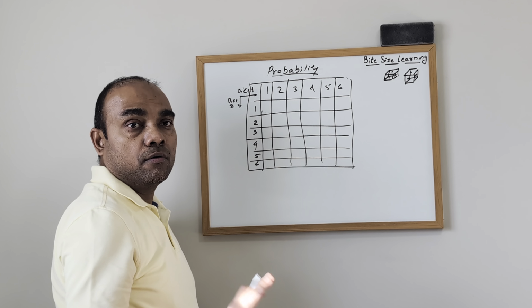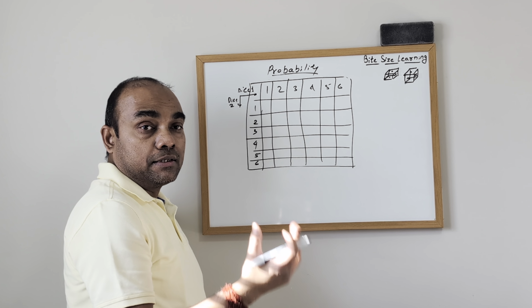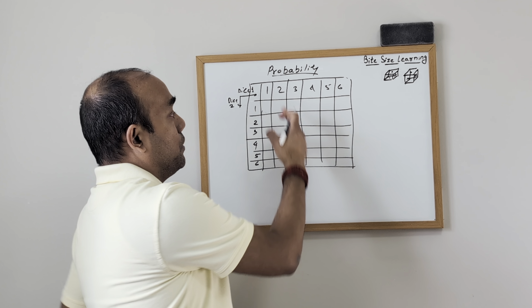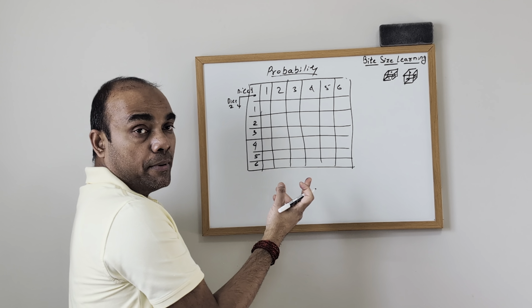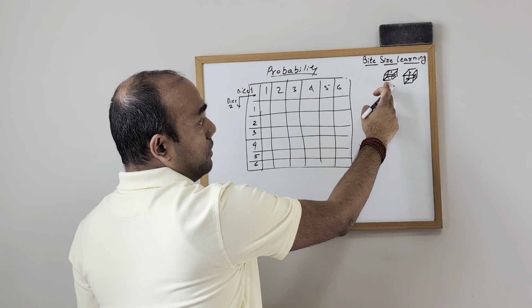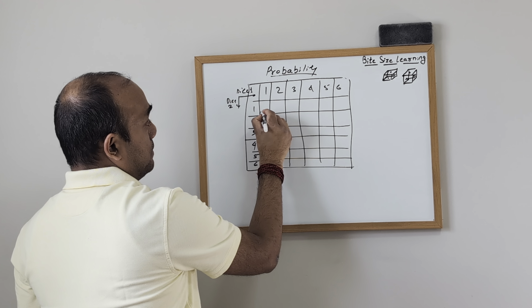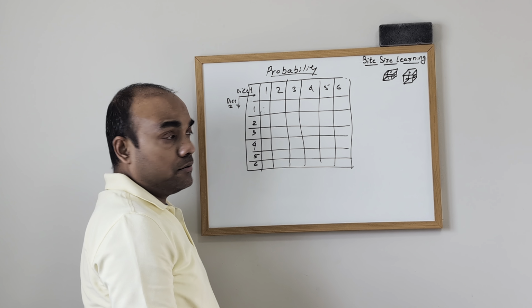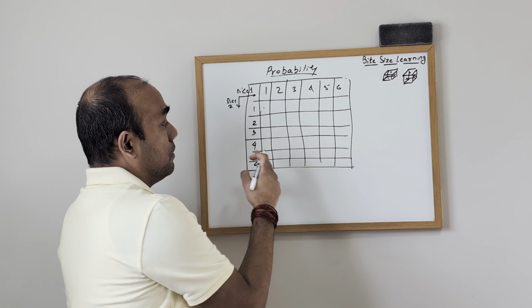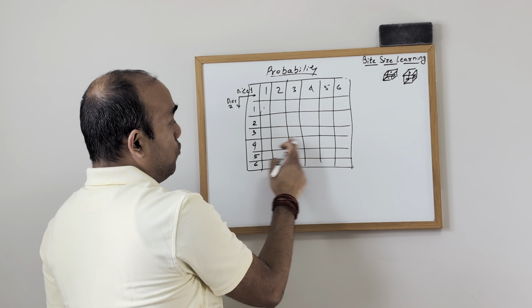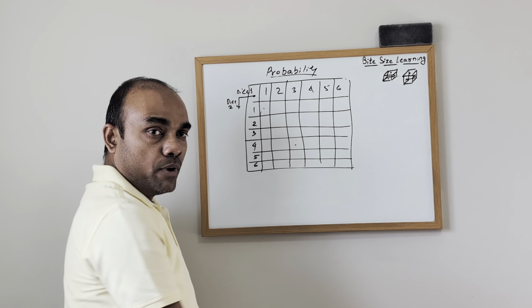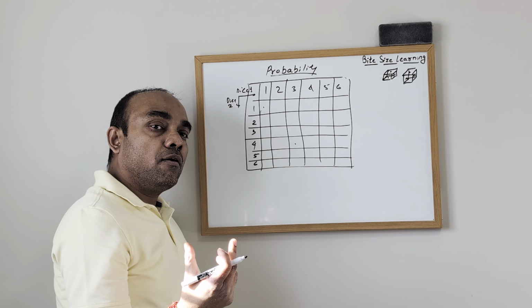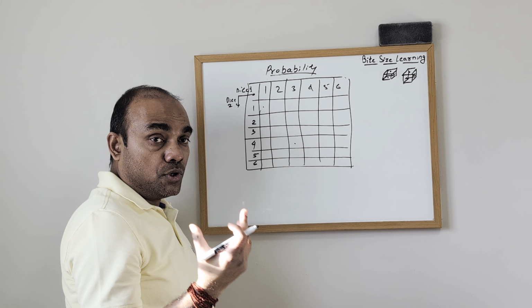So it will form a grid. Now let's understand. The probability of you getting 1 on dice 1 and 1 on the other dice is 1 here, right. The probability of getting a 3 on dice 1 and 4 on dice 2 is 1. So you have a probability of getting each of those number combinations once.